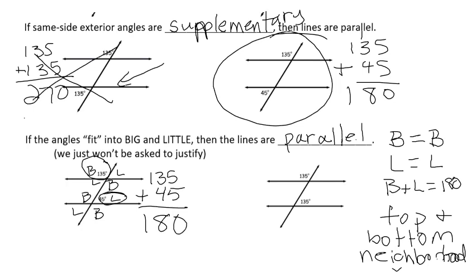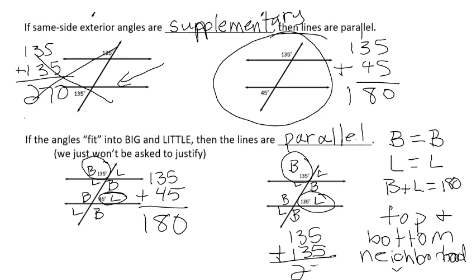Let's see if we can figure out why this one doesn't work. Oh, I see why. Because this one is a B and this one is an L. So when you add them up, they don't add up to 180. They add up to something much bigger. So that means that these lines are not, and these lines are parallel. So we'll be practicing that in our packet when we come back together.